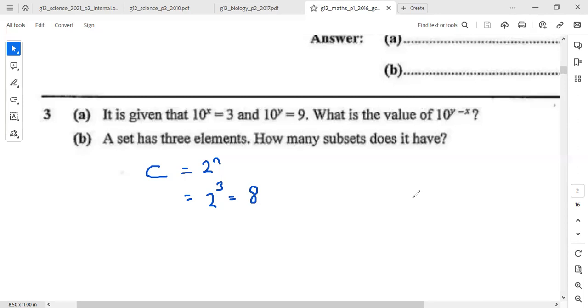If this has 8 subsets, subtract 2, that means it has 6 proper subsets. They do ask such questions. Since we are doing past paper questions, if there's any other form of question that these guys bring, I'll definitely let you know.